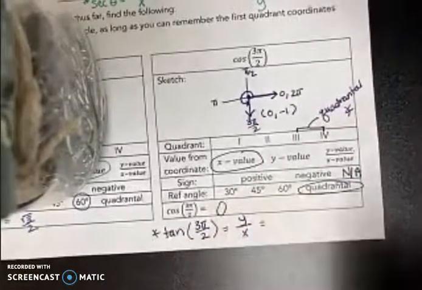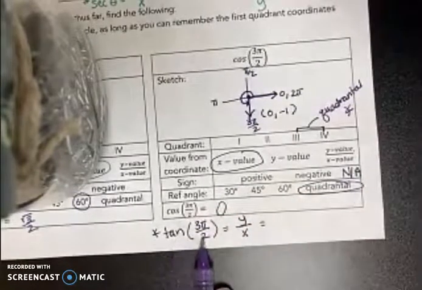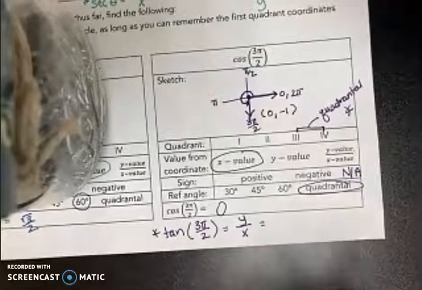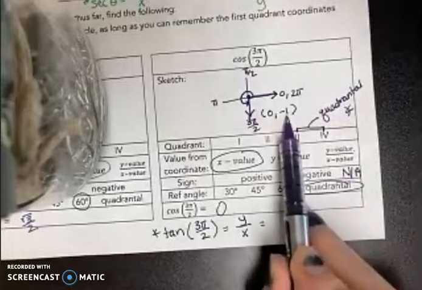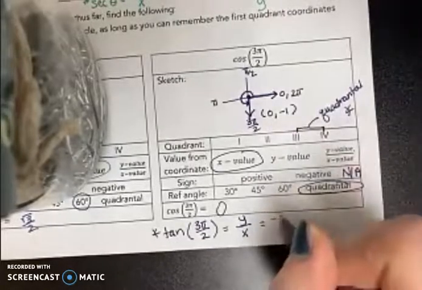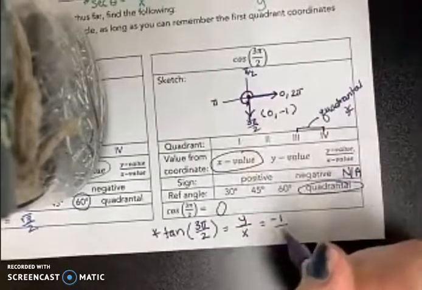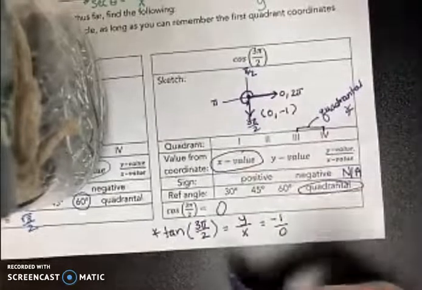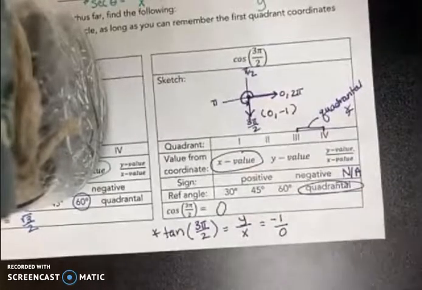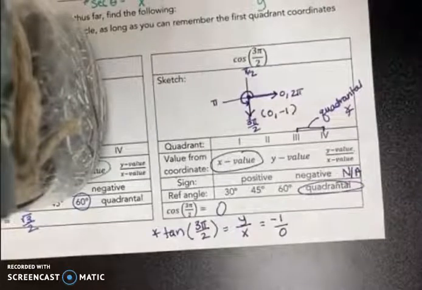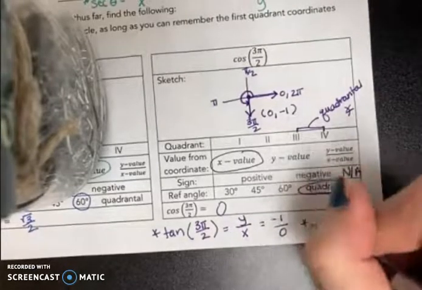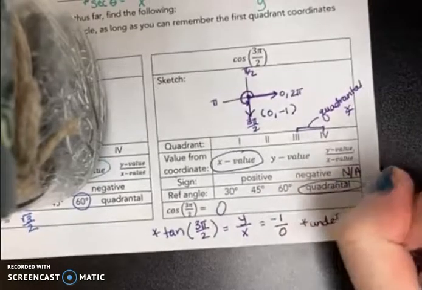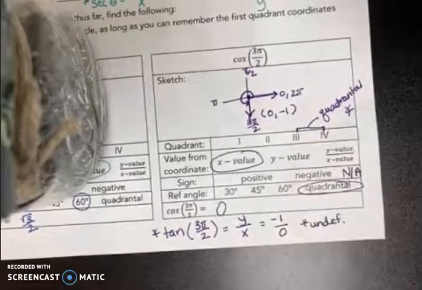So in the 3 pi over 2, the y value was -1, the x value was 0. So tangent is -1 over 0. But we can't divide a number by 0, so tangent is actually undefined for 3 pi over 2.